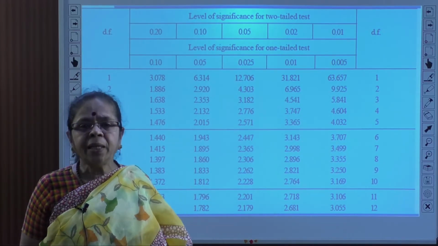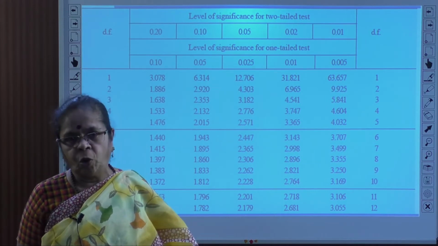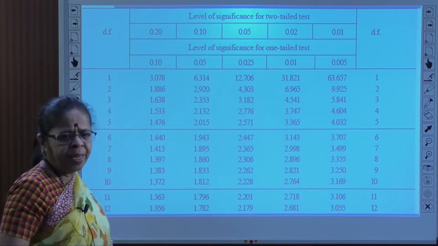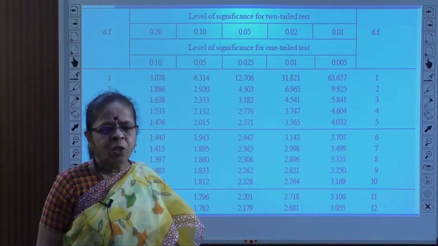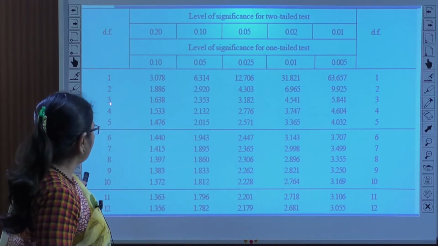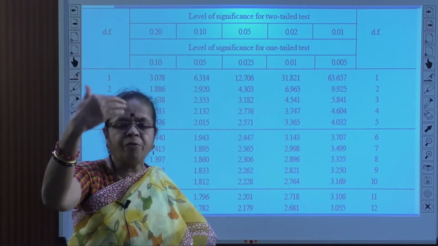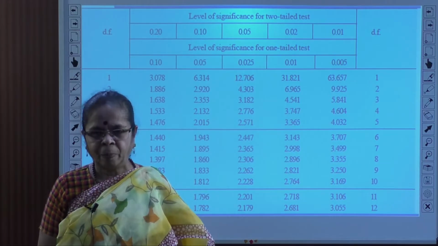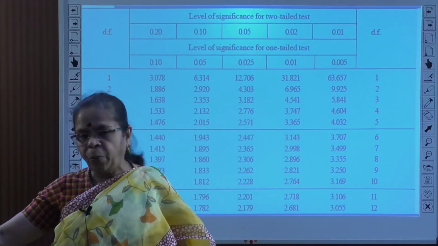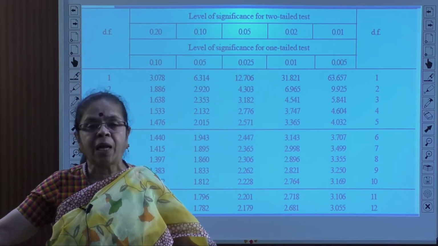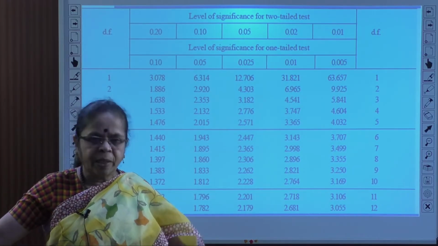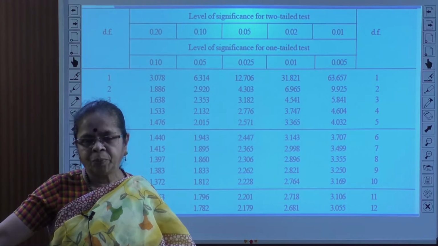If it is greater than this critical value, reject H naught. Incidentally, these tables will go on. Then you will have 50, 60, 80. Initially there is a difference of single units, 1, 2, 3, then it will go in differences of 10, then you will have 100, 500, 1000, infinity. So, we will see with examples how you can use it. As your sample size becomes larger, you go on using the relevant number.